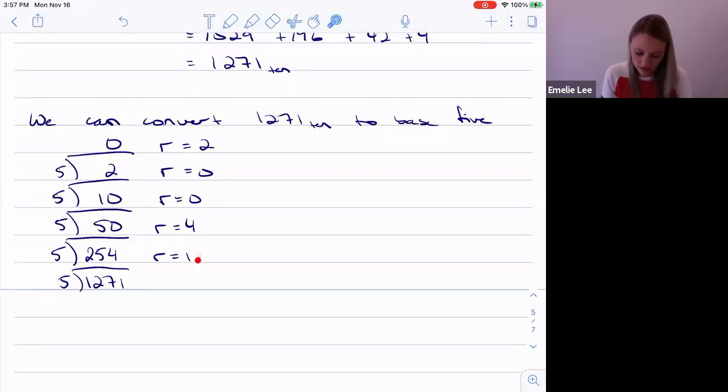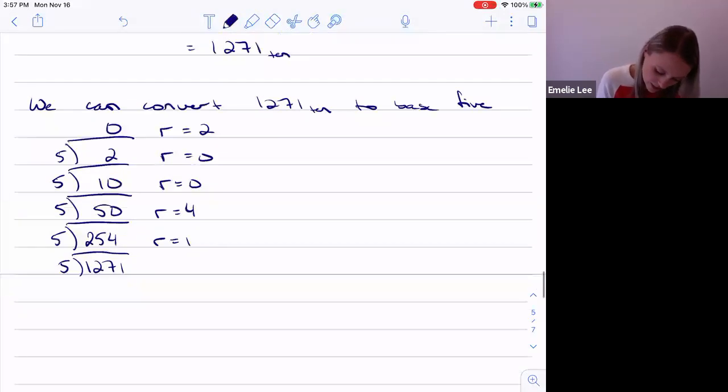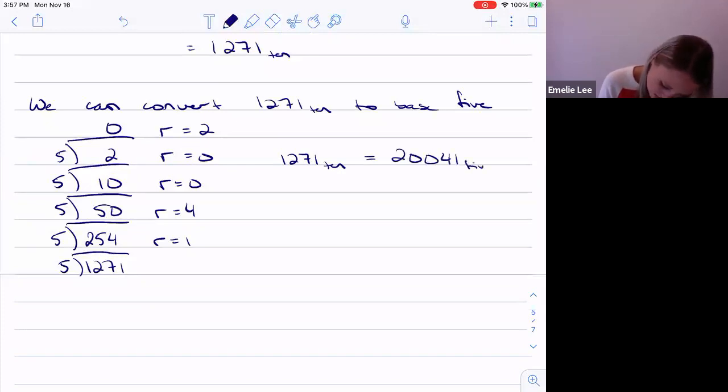So now what we can say is that 1271 base 10 is going to be 20041 base 5.